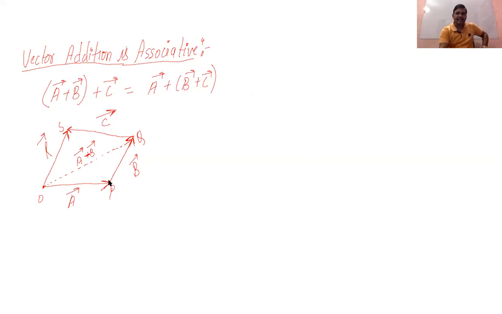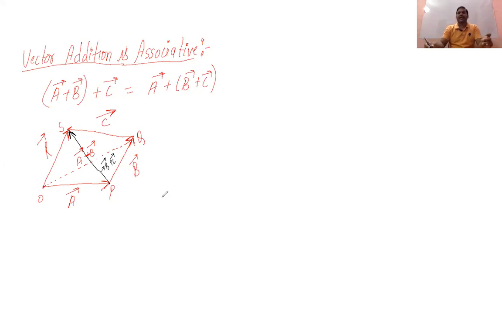If we join these two points, this will be the addition of B vector plus C vector. Is it clear or not?